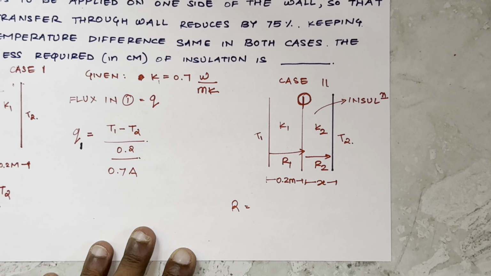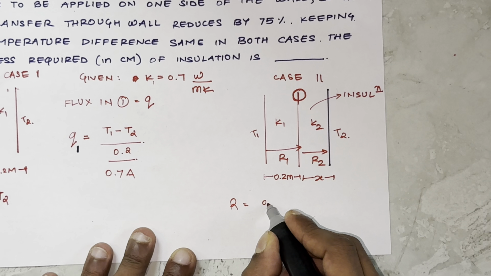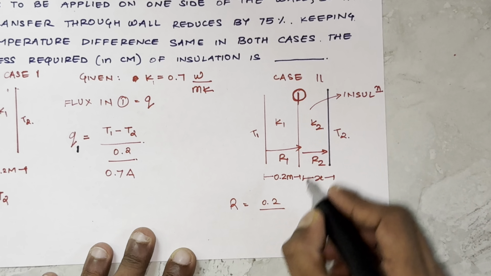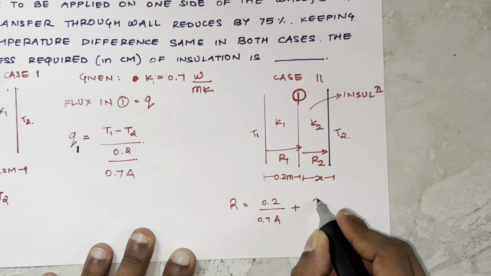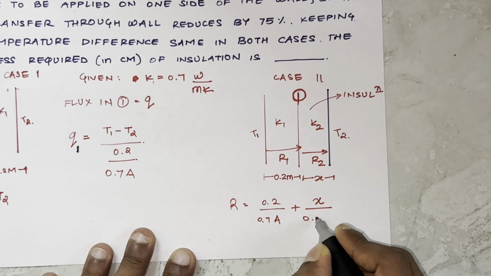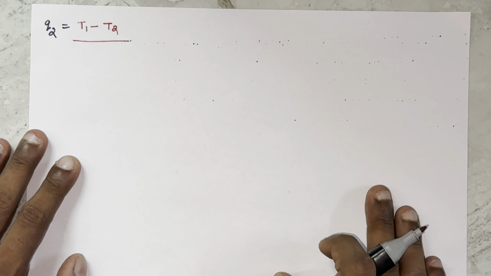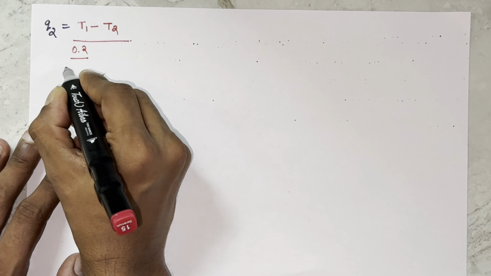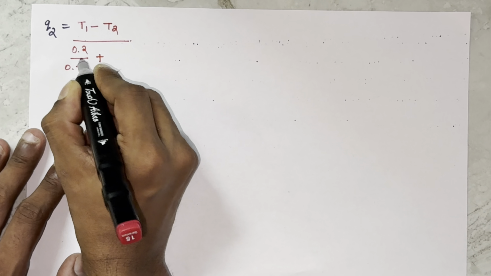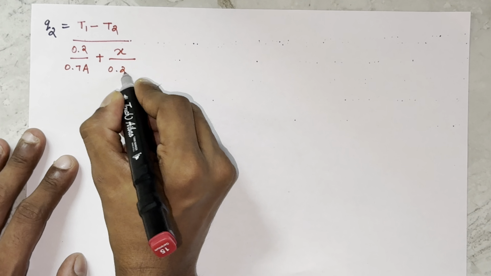Both are in series, so we add the resistances: 0.2 over 0.7 into A, plus, since we don't know the length, x upon 0.2 into A. K2 is specified, so Q2 is T1 minus T2 upon 0.2 upon 0.7 A plus x over 0.2 A.